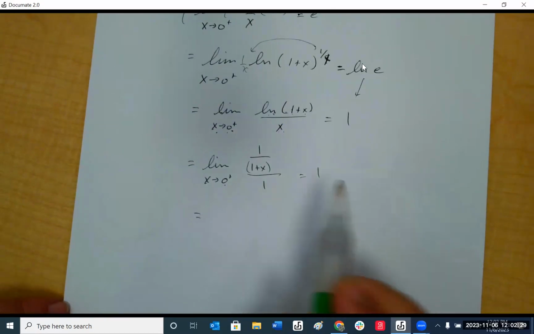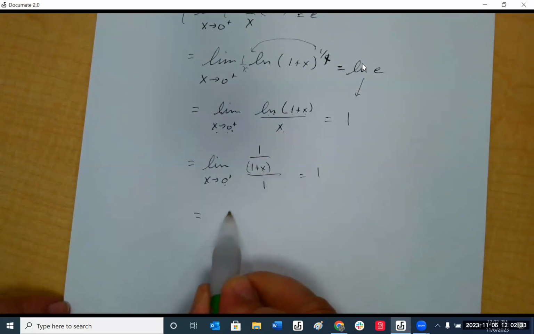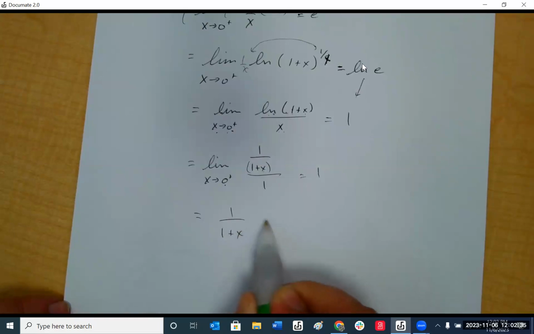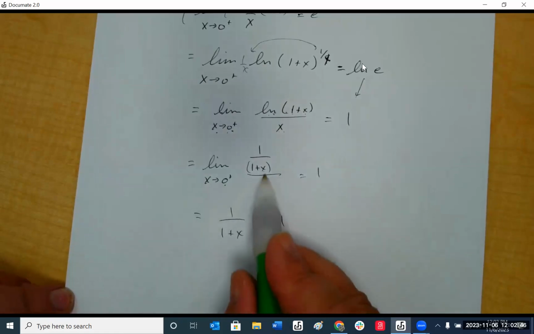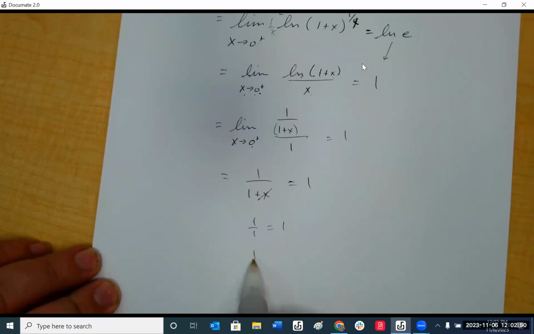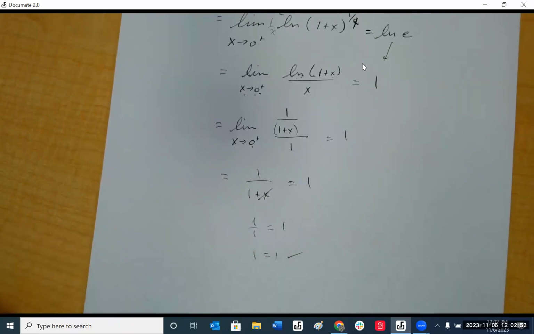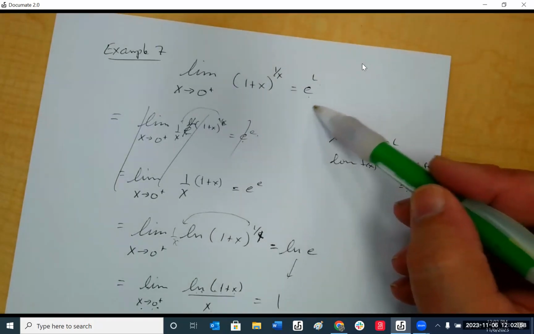Now we can take the limit when x is 0. So we just have 1 over 1 plus x, which equals 1. When x is 0, this one disappears. So we have 1 over 1 equals 1. And that proves that this equation equals e.